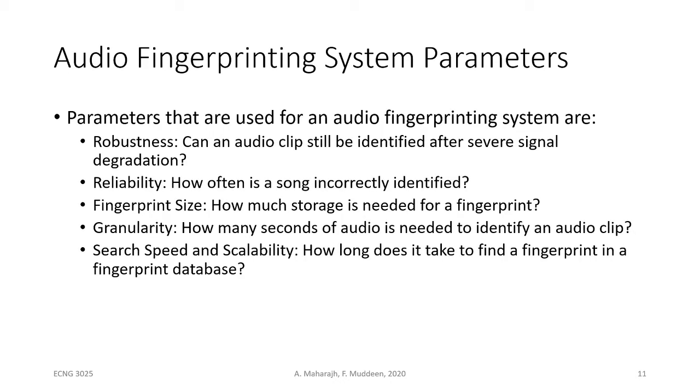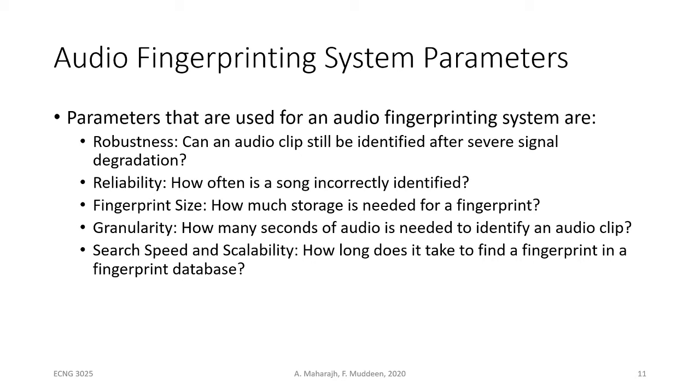To generate the fingerprint system parameters for any audio system, there would be these 5 parameters here. The first one would be robustness, and this will determine how corrupt the signal can be while we can still find a match. The reliability, meaning how often we find a correct match.